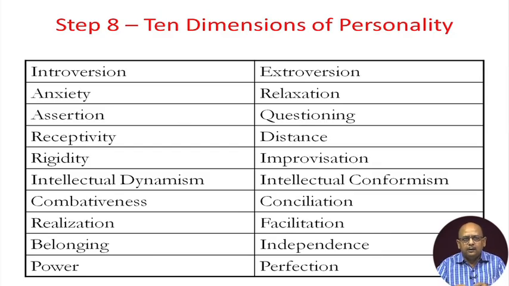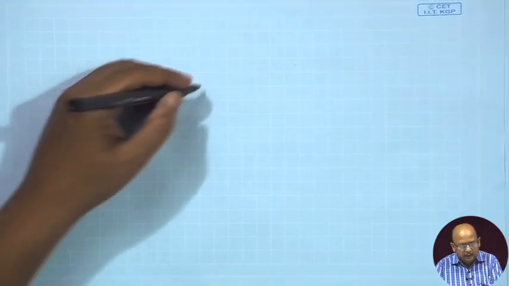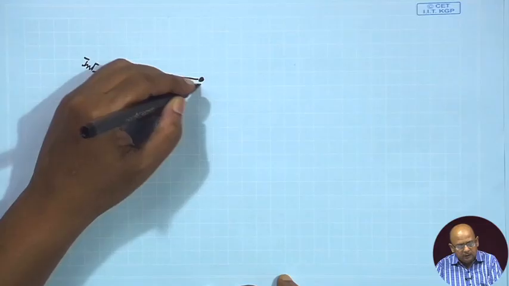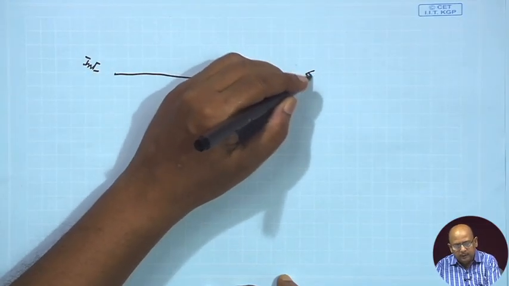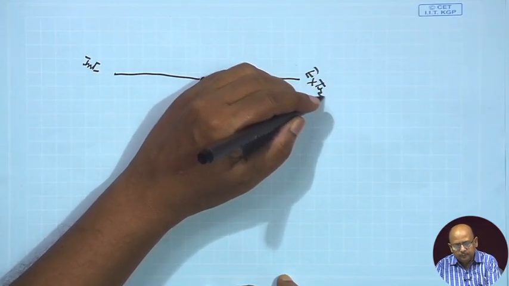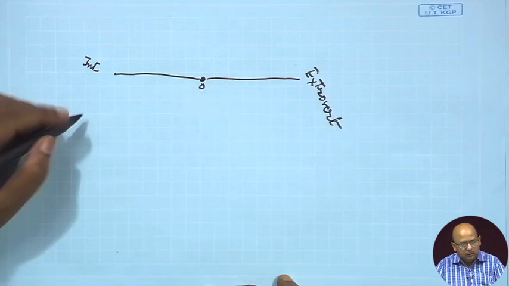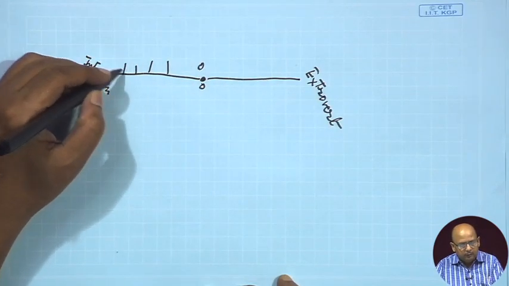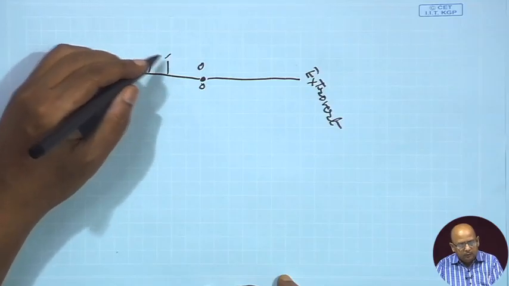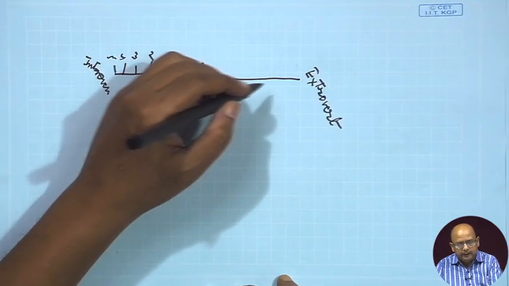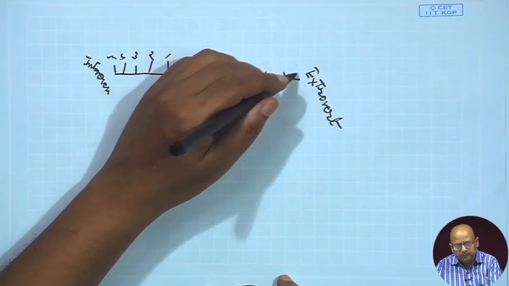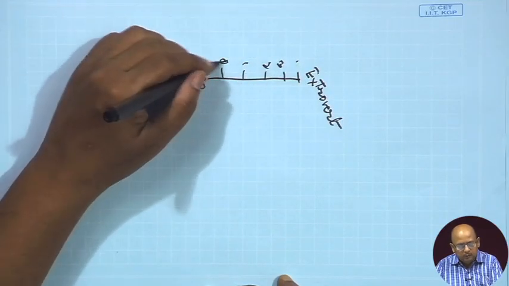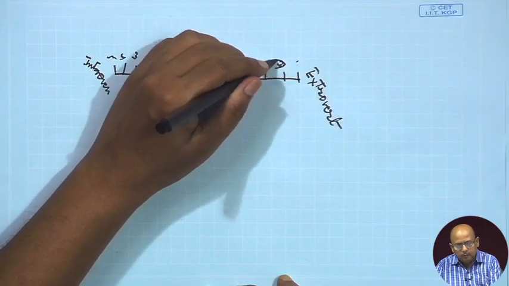Suppose you have a scale, and here you are introvert and here you are extrovert, 1, 2, 3, 4, 5. It has to be an equal appearing interval scale, 1, 2, 3, 4 and 5.